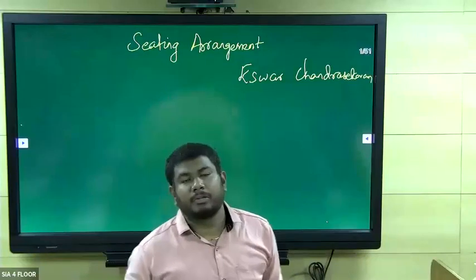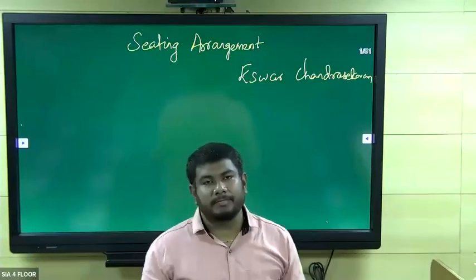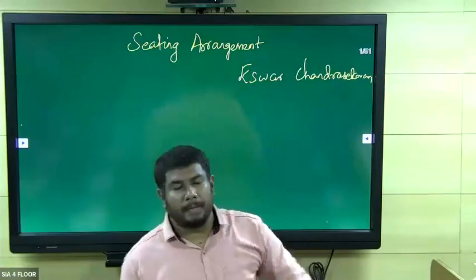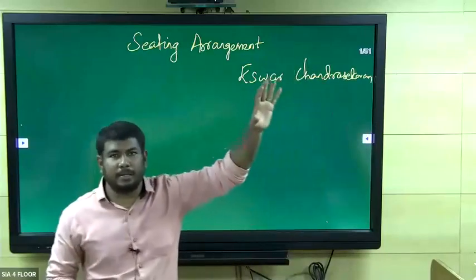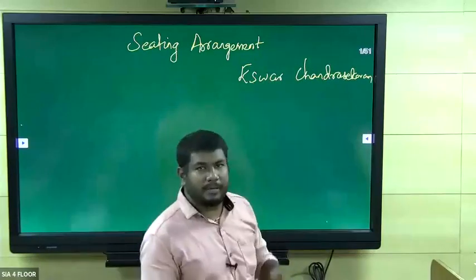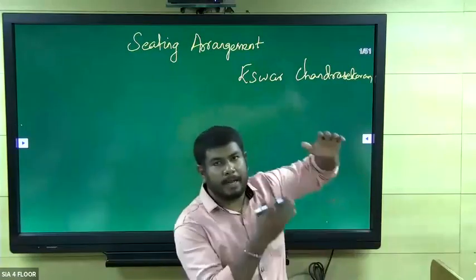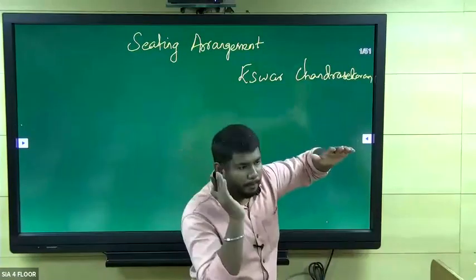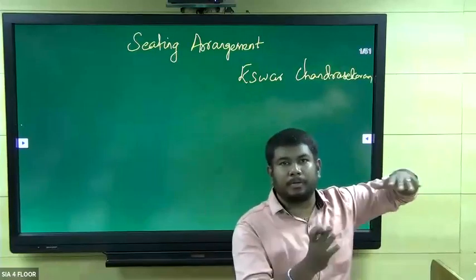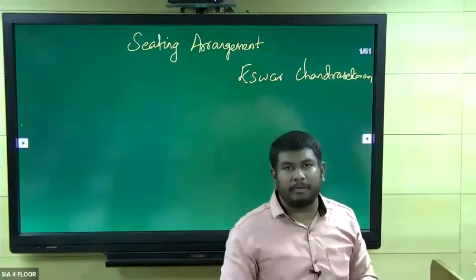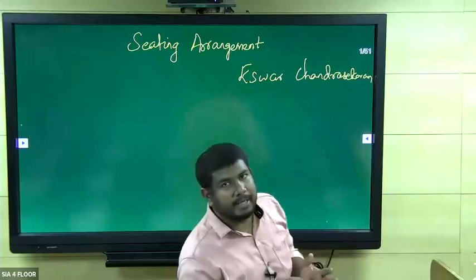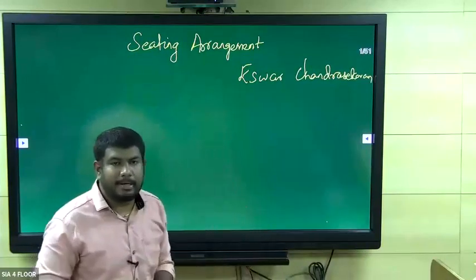The questions will be like the reading comprehension we have seen in 10th and 12th standard: a paragraph will be there, and based on the paragraph, 5 questions will be asked. The same thing here also. They will give some statements, and based on the statements, we are going to create the arrangement.